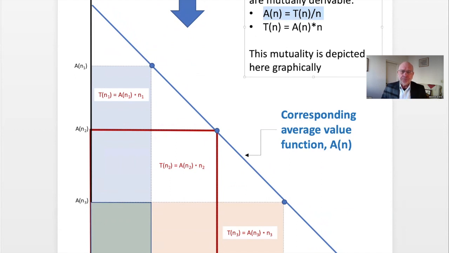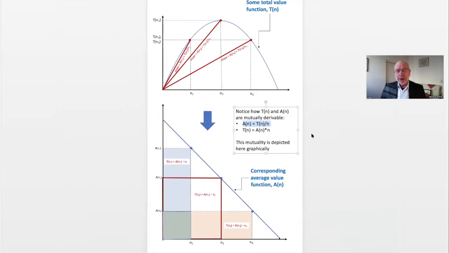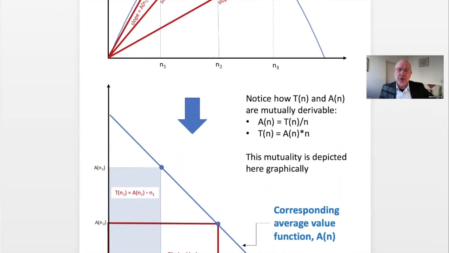Now, in terms of the geometric or graphic representation of this, it's interesting to note that this formula, this average, is just the total divided by n, has the interpretation of the slope of a chord that runs from the origin to any particular point on the total value curve.